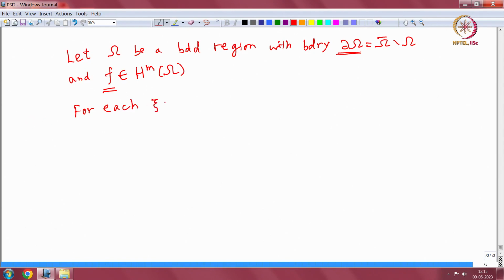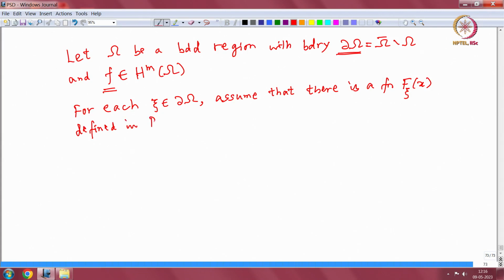For each j in del omega, assume that there is a function, call it f j of x, defined in a ball around j of radius r.